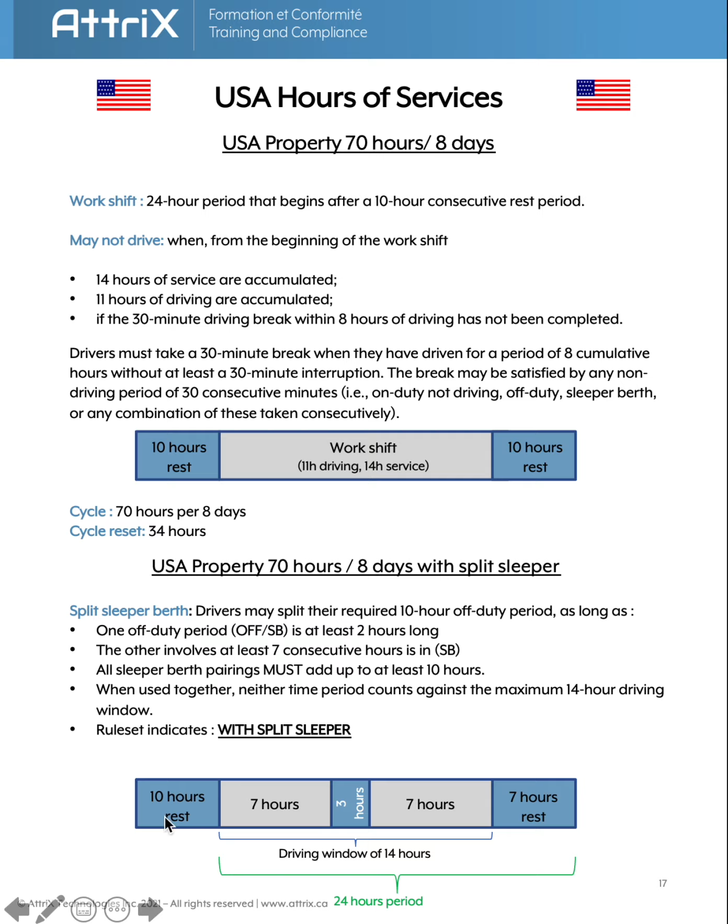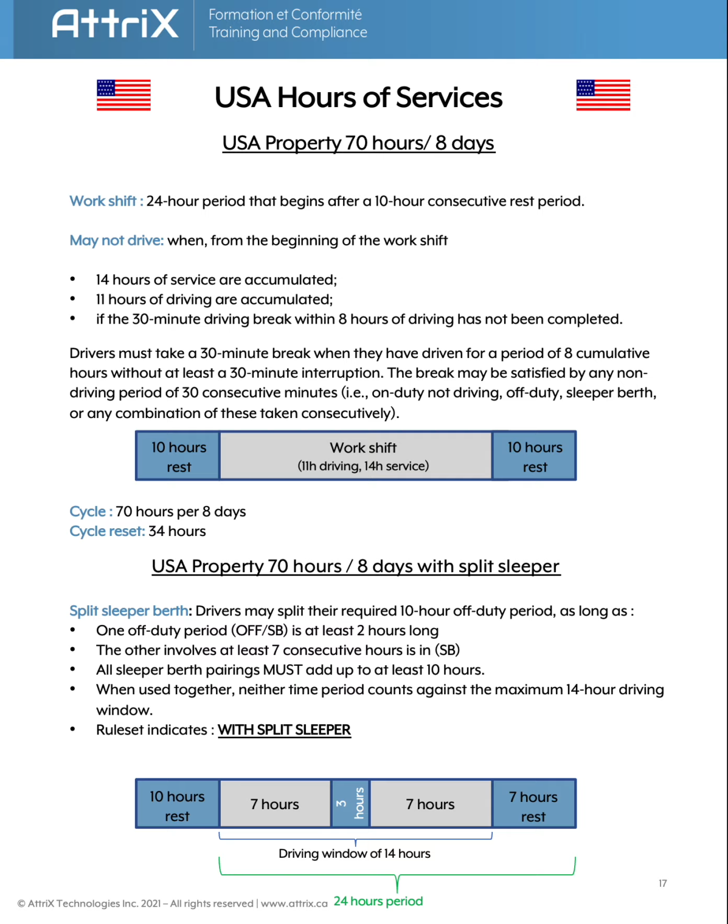To make sure that you are compliant, the minimum time for the off-duty or sleeper period is at least 2 hours, and the other is at least 7 hours of sleeper berth, and both together must add up to at least 10 hours. When used together, neither time period counts against the 14-hour driving window.